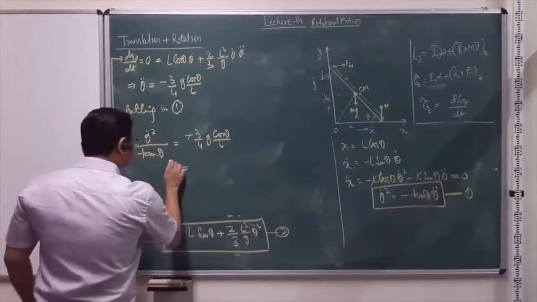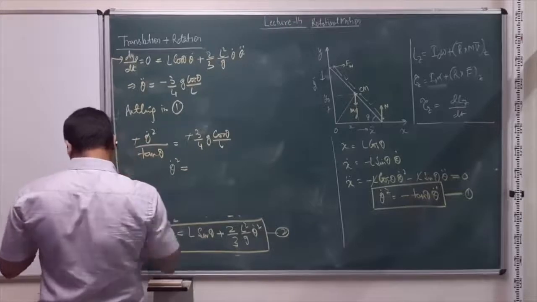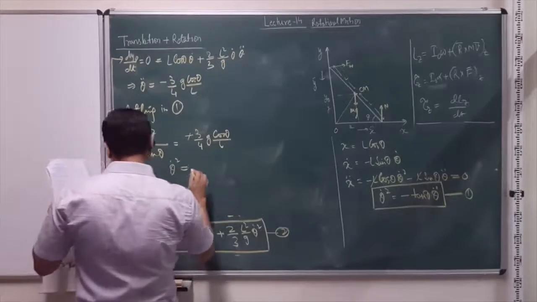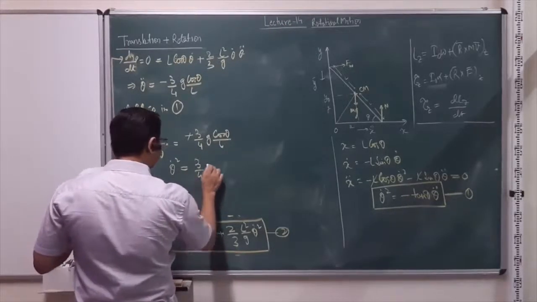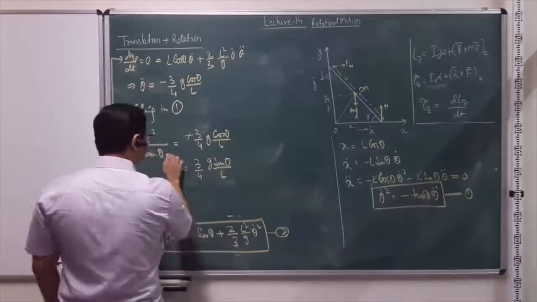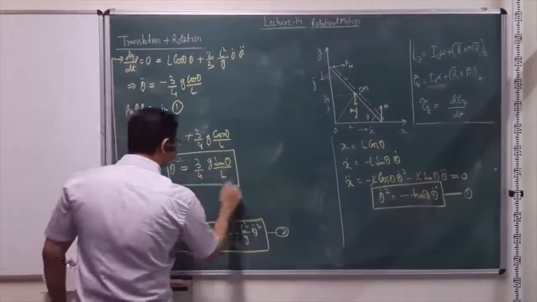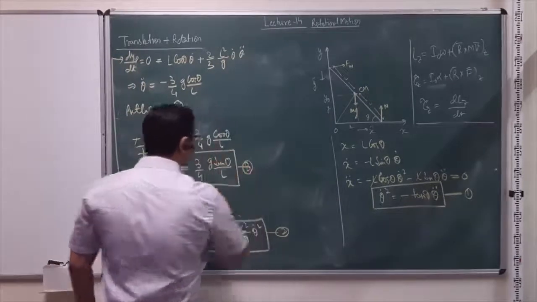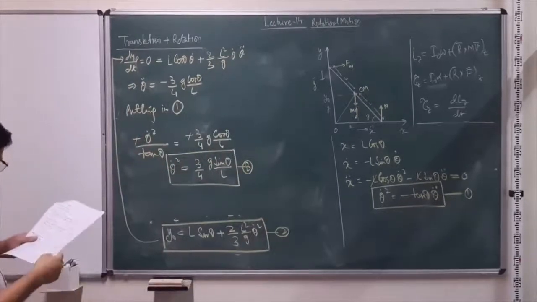What we'll get is theta dot square is equal to 3 by 4 g sin theta by L. So let's say this is my equation number 3.